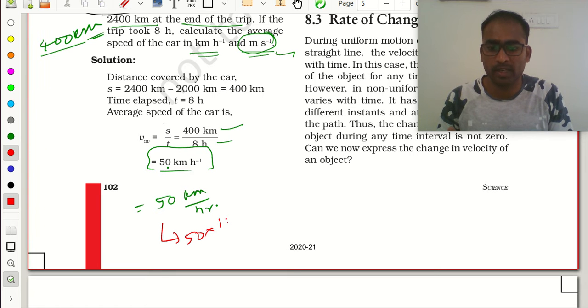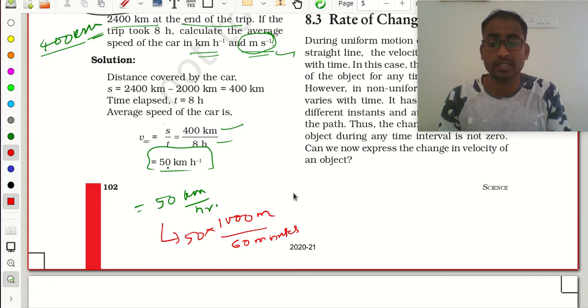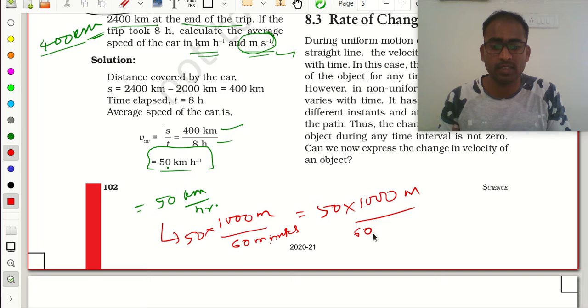Kilometer means I can write this as 1000 meters, and hour means 60 minutes. But I need meter per second, so I can write this as 50 multiplied with 1000 meter by 60. 1 minute is how many seconds? 60 seconds.